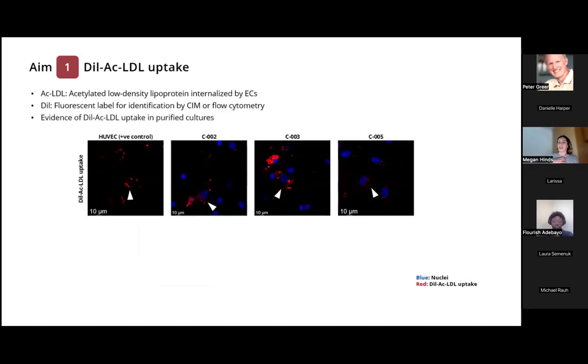So again, with HUVECs as a positive control, I see evidence of DiI-AcLDL uptake in purified cultures from these normal controls. The staining is weaker than I would have expected, but this is comparable to what we see in HUVECs, which is the positive control. So this is promising, and it might just mean that this particular assay needs optimization itself.